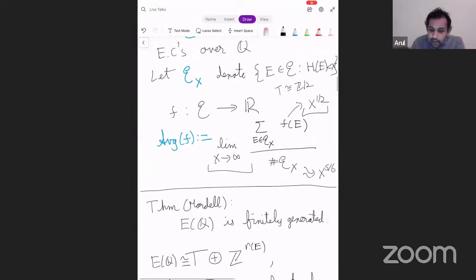Maybe I'll write it here. The authors are Harron and Snowden. I think they have a unique joint paper with just the two of them, so you should be able to find it on Google Scholar. It appeared in Crelle.